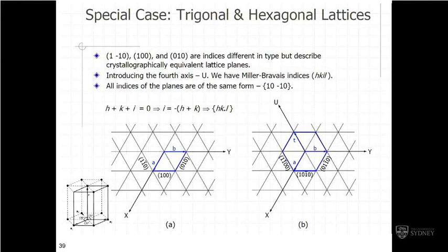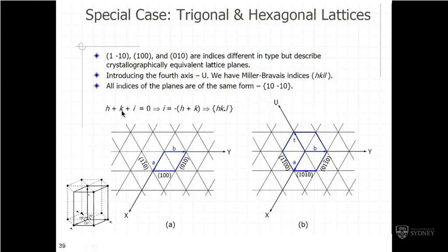So what they do is introduce another axis, in this case the u-axis. You've got the x, you've got the y, and the u. And they introduce another index. So how is that index figured out? You have your h index, your k index.